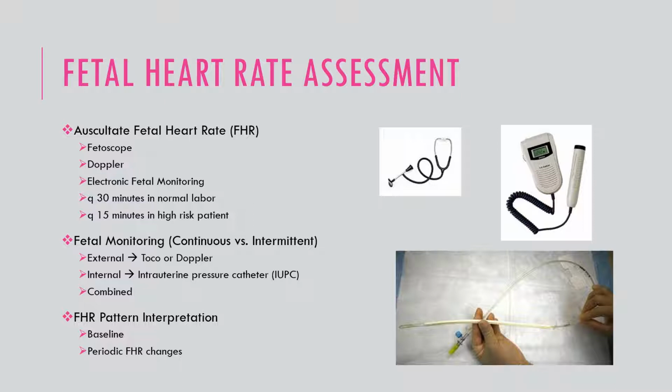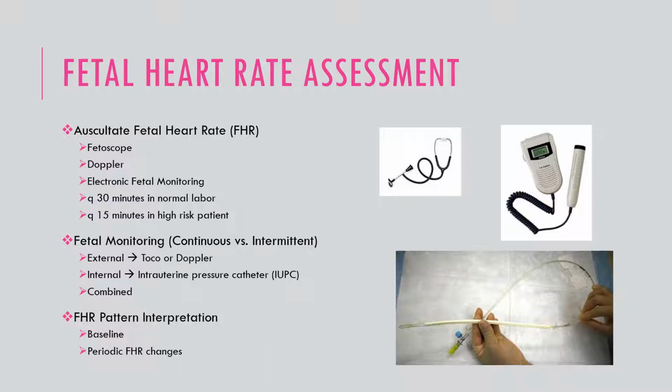When we are monitoring the fetal heart rate, we are trying to interpret a couple of different things. We want to know what the baseline is, and then we're also looking for any type of periodic changes in that fetal heart rate. And those periodic changes become very specific, meaning are there accelerations, are there decelerations, what type of decelerations are there?